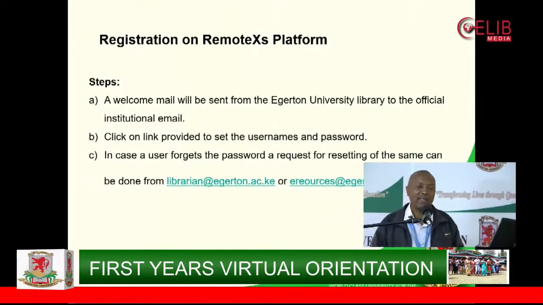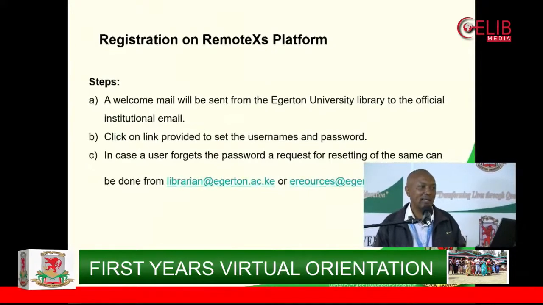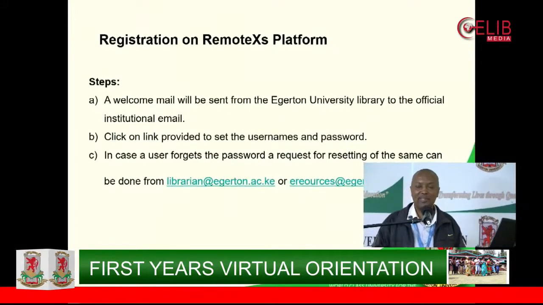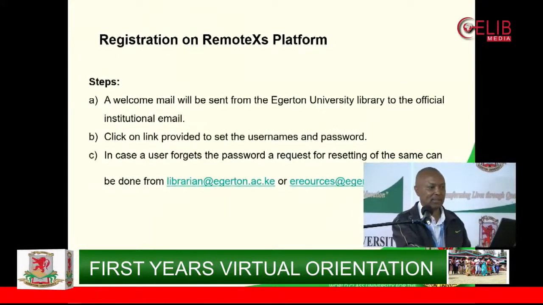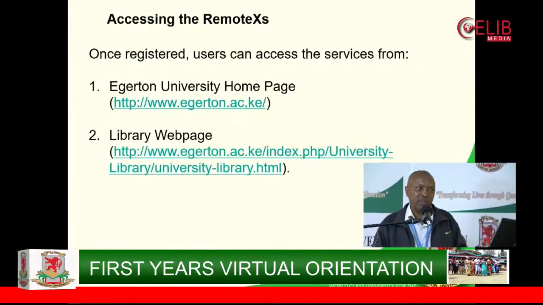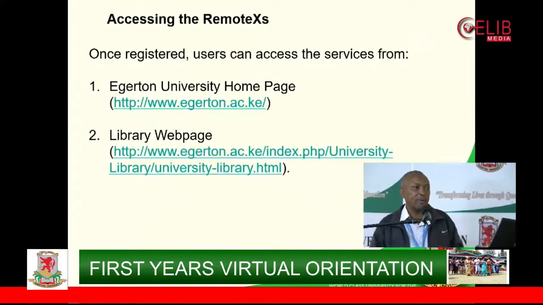In case you forget a password, this system works like any other system which registers users online. You can always request a reset, so you cannot say that you're stuck. You can request and we will reset. We will give you the addresses at the end of the presentation.